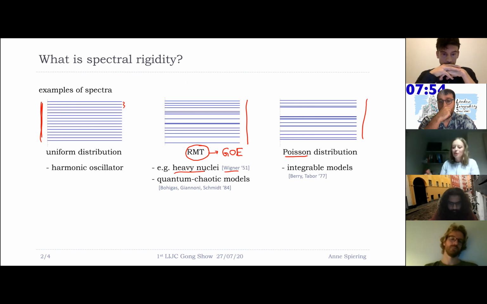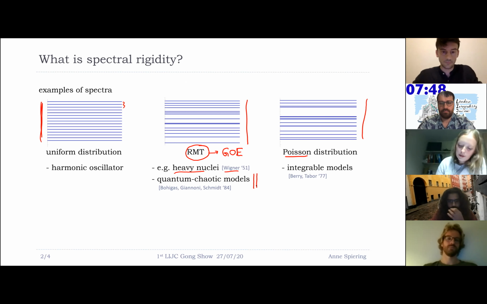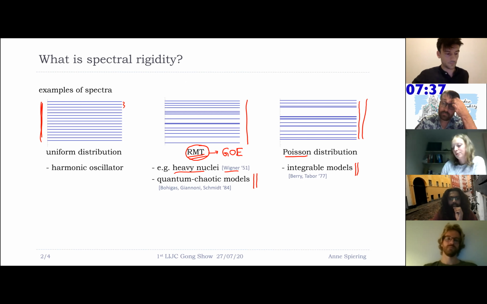So basically the idea is that quantum chaotic models have spectra that are described by random matrix theory. And similarly, one also found that integrable models usually have spectra like this random one, like the Poisson distribution. So now what is the spectral rigidity?